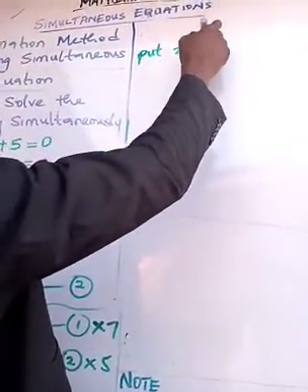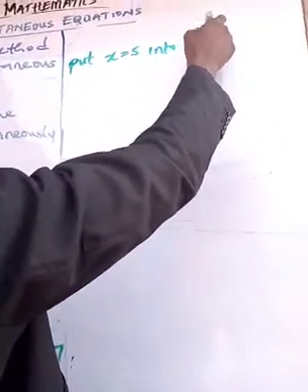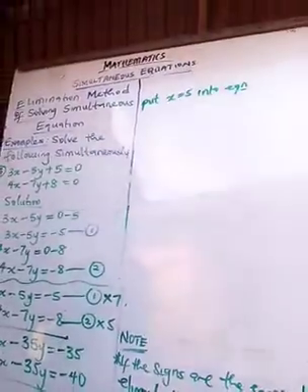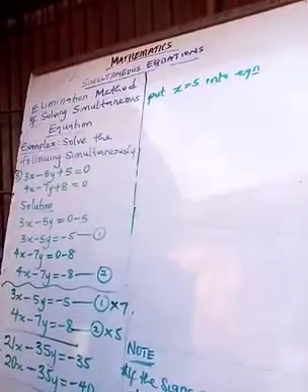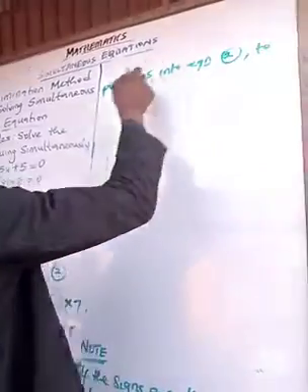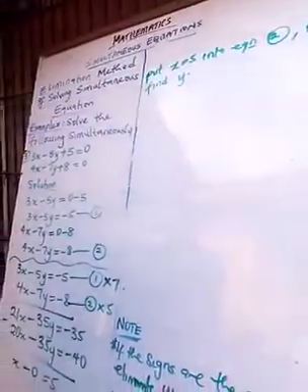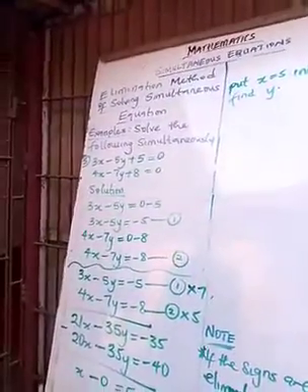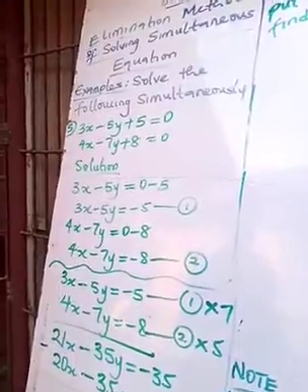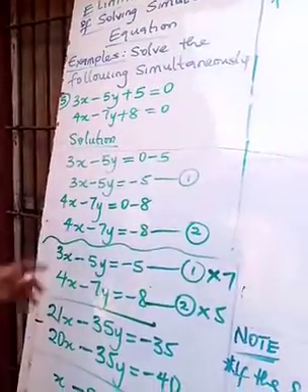We can put x equals to 5 into any equation at all. So let me just use equation 2, to find y. What that means is that anywhere I see x in equation 2, I'm going to replace it with 5.